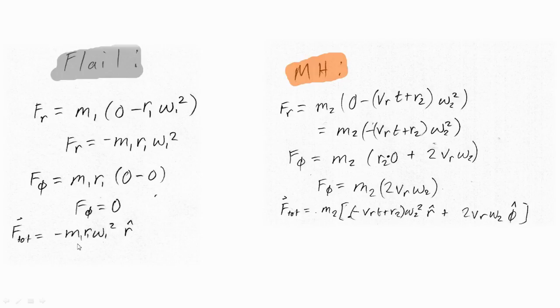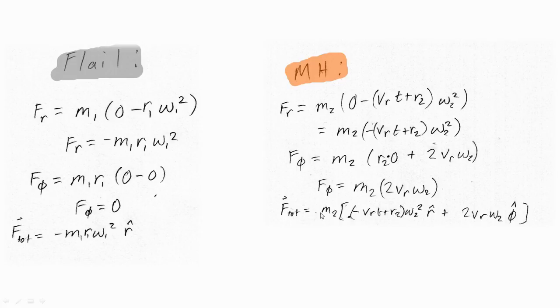Let's check our units. For the total force for the flail, we have kilograms times meters times radians per second squared. So that's kilograms times meters per second squared, since radians are unitless. So that would be newtons, which is a force. That's a good sign.